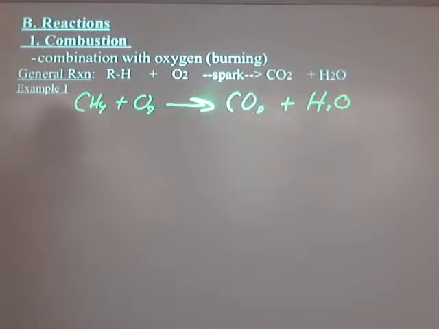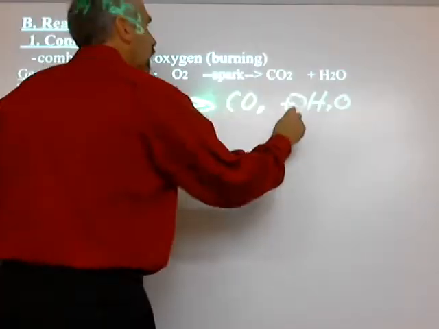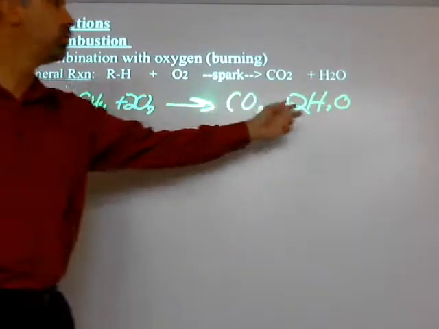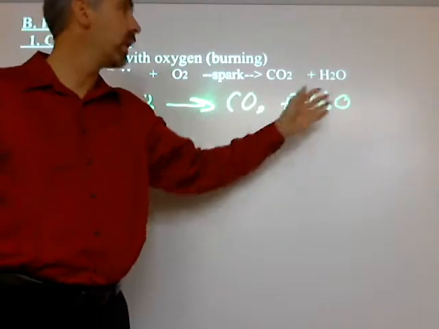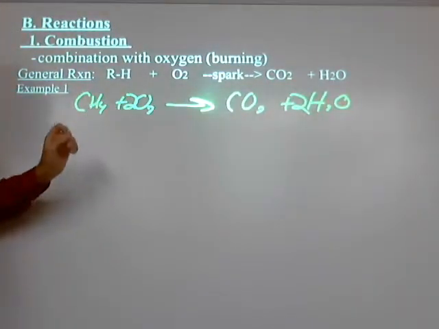Not hard. Pretty simple, isn't it? Who got it balanced? What'd you get? You put a 2 in front of the O2 and a 2 in front of the H2O. Exactly, because you have 4 H's, so you put a 2 there. That gives you 4 H's there. Now you've got 2 and 2 is 4 O's, so I'll put a 2 in there. 2 times 2 is 4 O's.